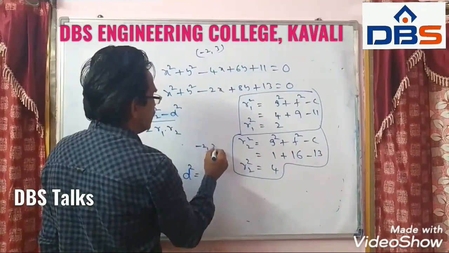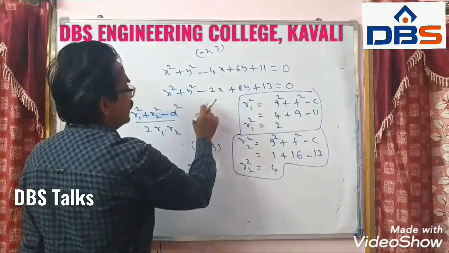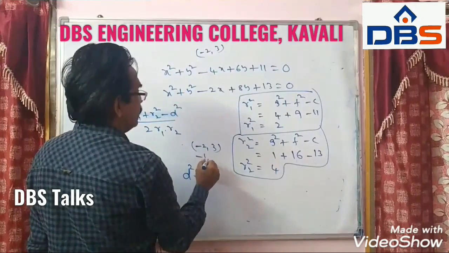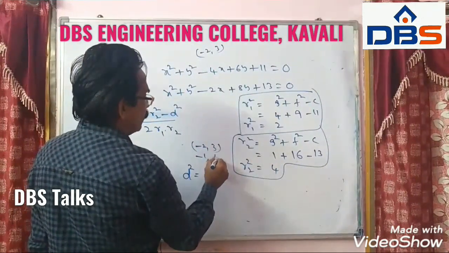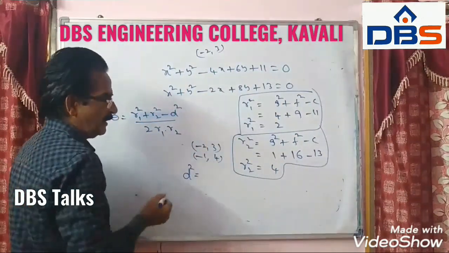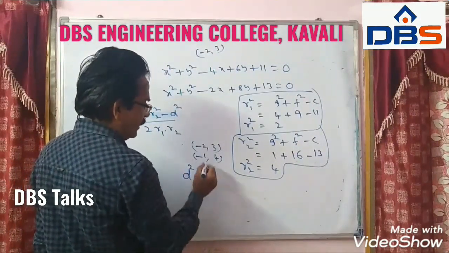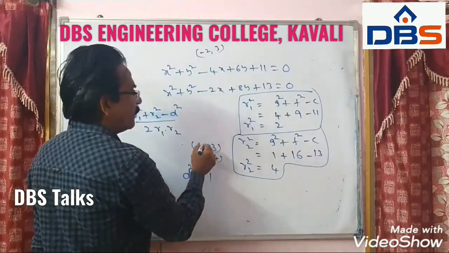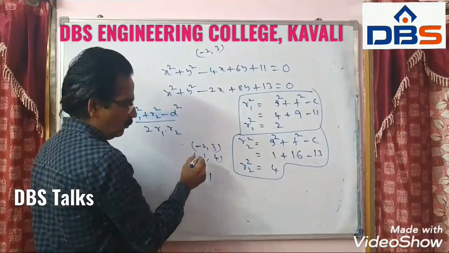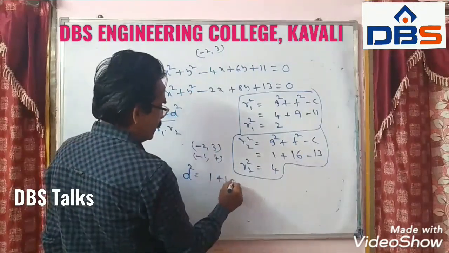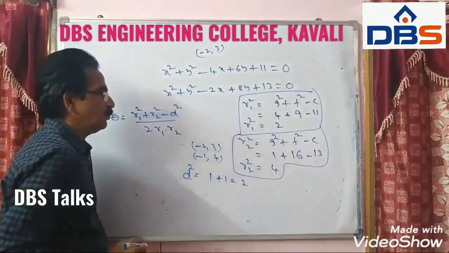Minus 1 comma 4 is the center of the other circle. Let us find d square. This minus this whole square: 4 minus 3 whole square is 1, and minus 1 minus of minus 2 plus 1. So d square is equal to 2.